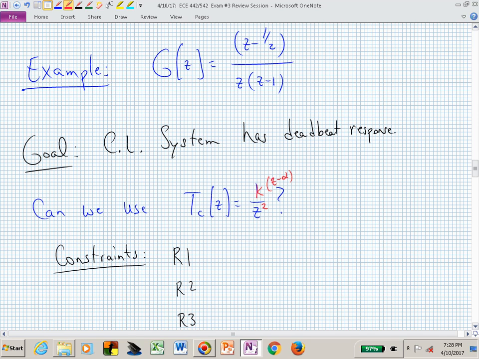And we might just keep increasing those zero factors if we need more and more freedom in our design. So R1 would be true if we keep this strategy of keeping our pole zero excess of 1. What about restriction number 2? Yes.